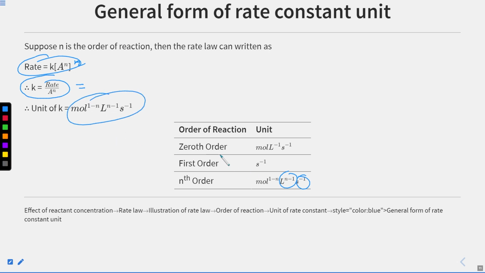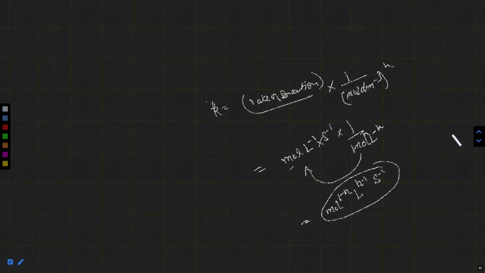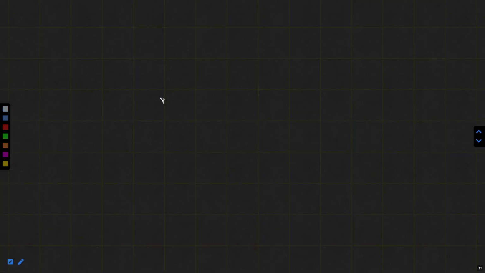Now if you take different types of order, first we take zero order. If you put n equals 0, what would it give us? So for n equals 0, we get mole 1 minus 0, liter 0 minus 1, per second.